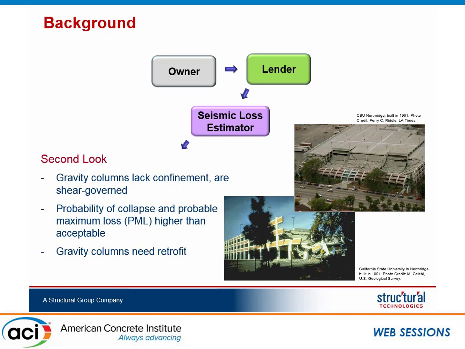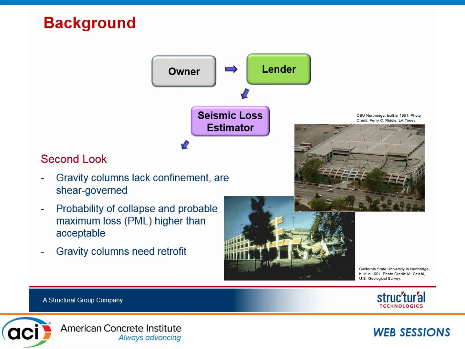So the loss estimator went back and looked into the existing drawings, and he could figure out that the gravity columns have a number of issues. They lack confinement. A bunch of them are shear governed. So he went back to his special framework for doing PML and somehow managed to attribute a number to what will happen when these gravity columns are going to give up.